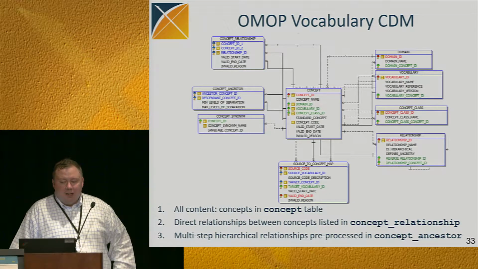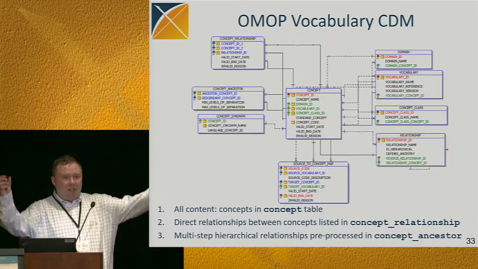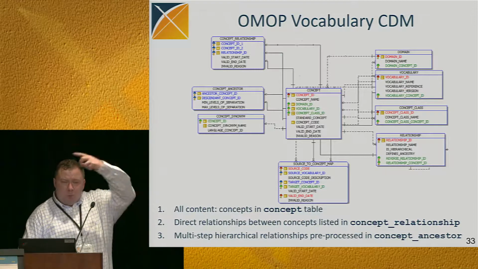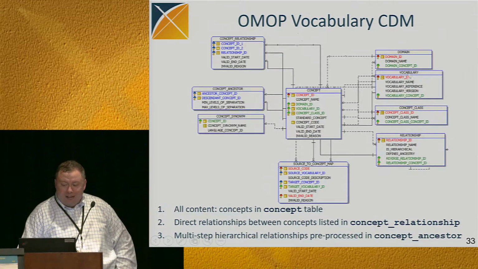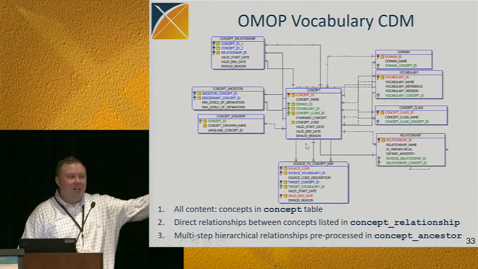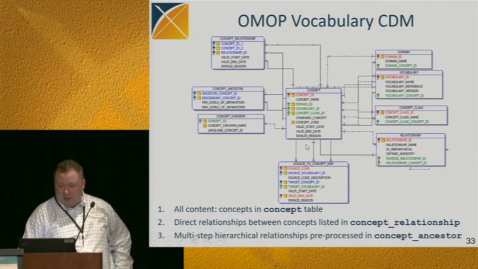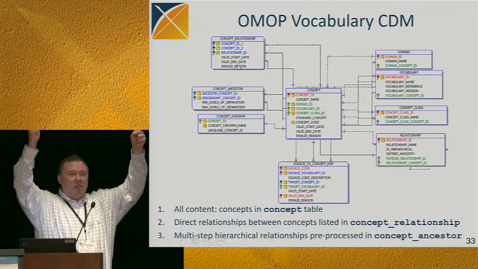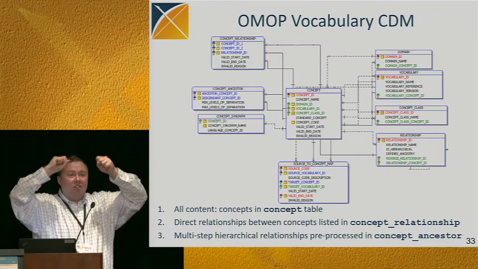The vocabulary data model itself, so the data model tables that store the vocabulary, that's an eyesore in the back. More detail is in the other course. But basically what you have is you have a table in the middle, which is a concept table. It's the unique identifier and the name associated with these entities. And then we have various ways that we can exploit and make use of them, but I'll just highlight two. We have a concept relationship table, which just takes two identifiers and says these things are related in some fashion.